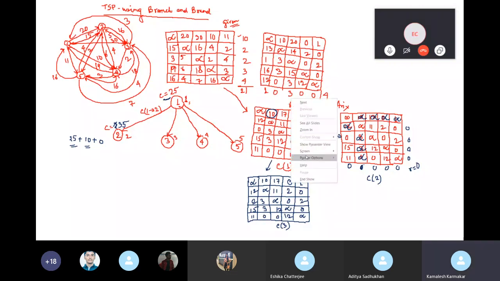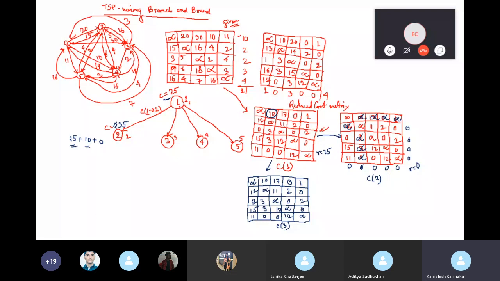Now, how to calculate this? Let us check this value. From vertex 1 we are moving to vertex 3. So row 1 along with column 3 will be updated.